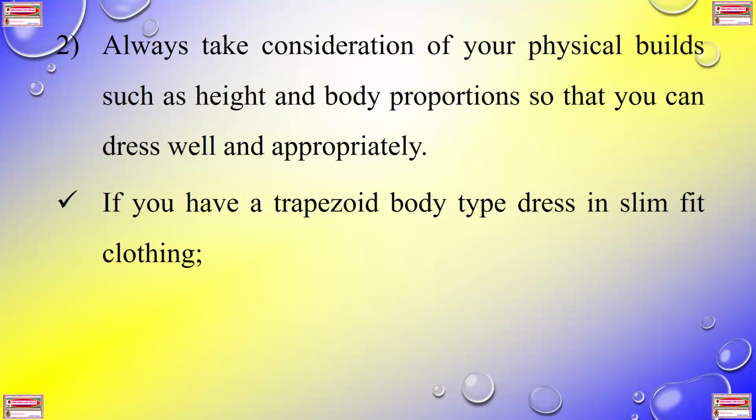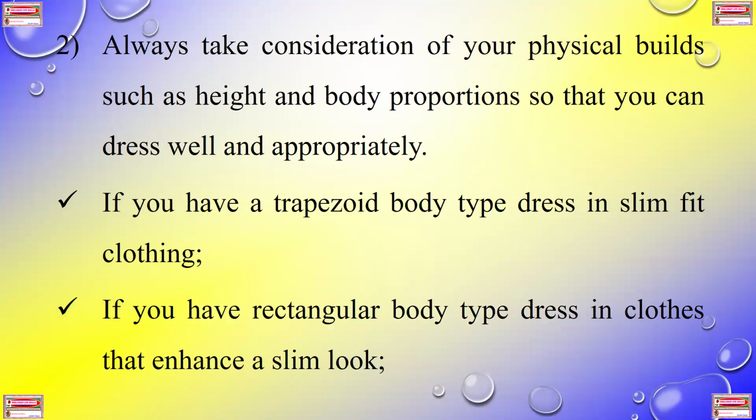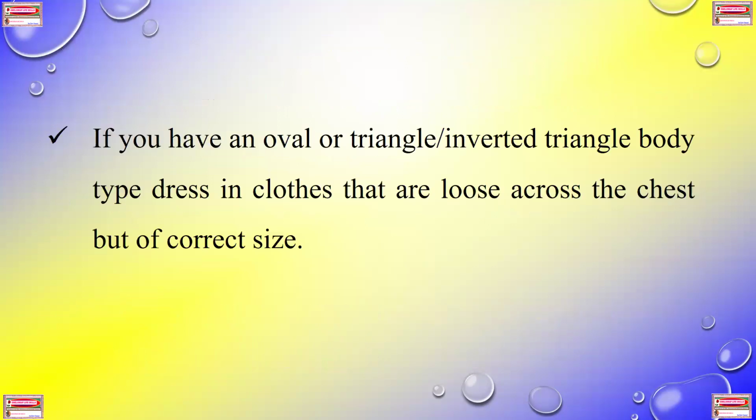There is what we call a male trapezoid body type. If you have a trapezoid body type, dress in slim fit clothing. The second shape is called the rectangular body type. If you have a rectangular body type, dress in clothes that enhance a slim look.